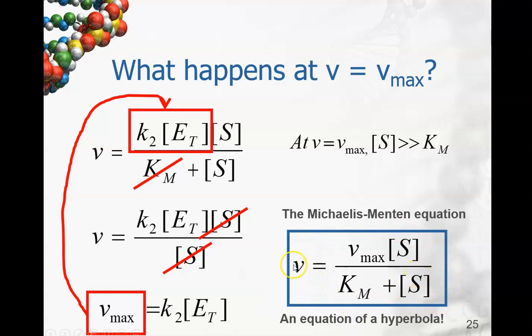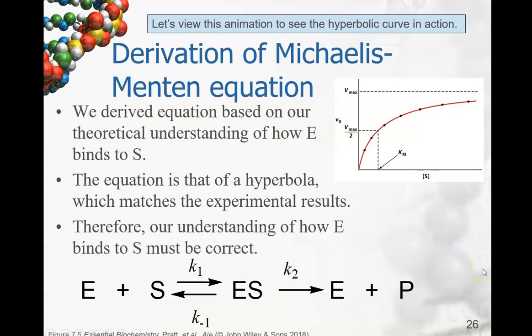That's Y equals AX over B plus X. So what that means is that if I go into the lab and I do an enzyme catalyzed reaction and I get a hyperbola, and then I get a pencil and paper and derive an equation that's based on my understanding of how enzyme catalyzed reactions occur, and if they match up, that means my understanding must be correct.